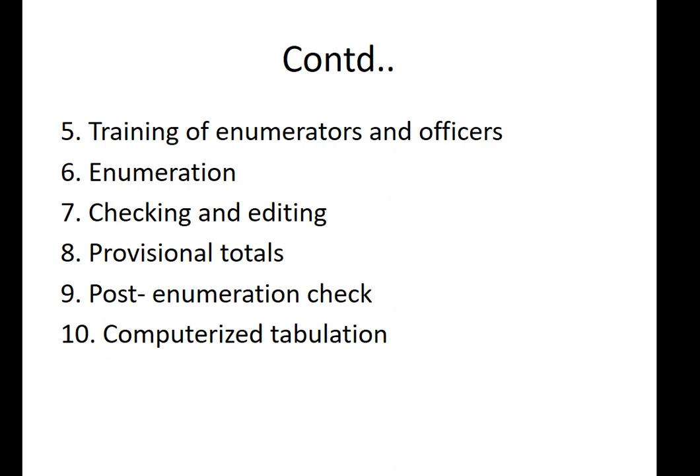The enumerators go from house to house and collect the data. The next step is the checking and editing of the collected data. In the 8th step, we calculate some provisional totals. In the 9th step, some post-enumeration check is done, and in the 10th step, we go for computerized tabulation of the data collected.